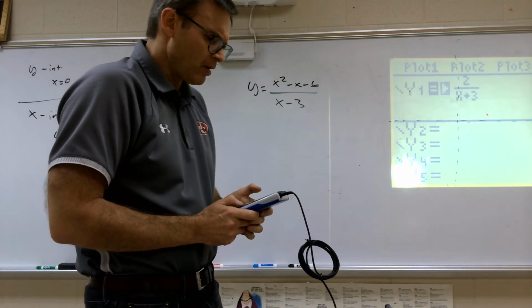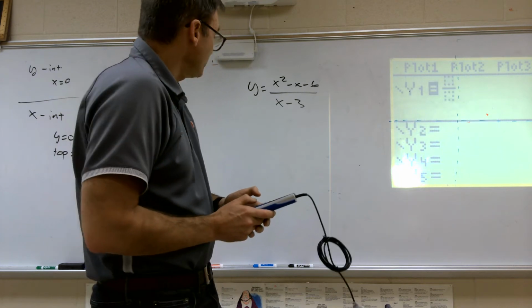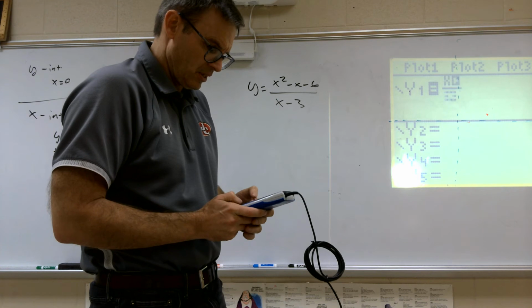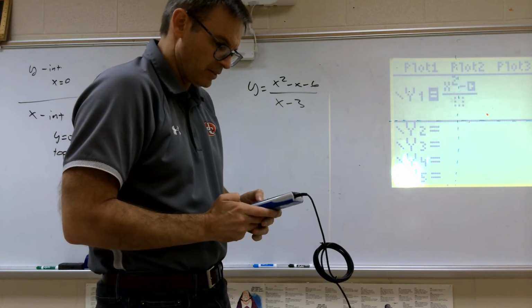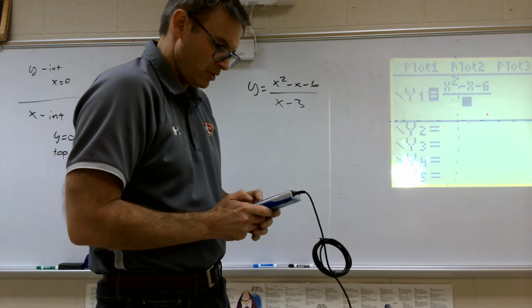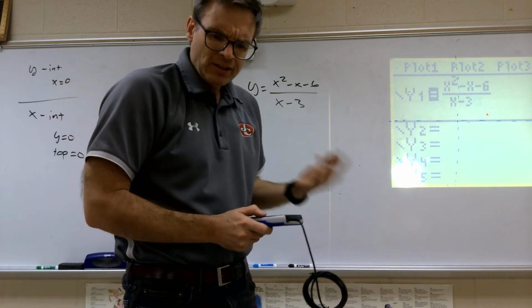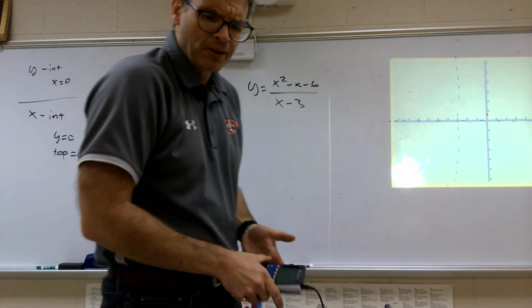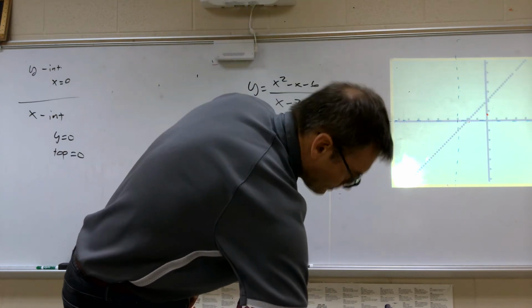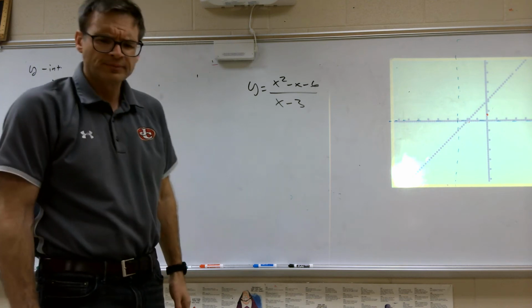So I'm going to type my graph in. This is x squared minus x minus 6 over x minus 3. I'm expecting when I graph this for it to be really complicated, but it's not complicated at all.